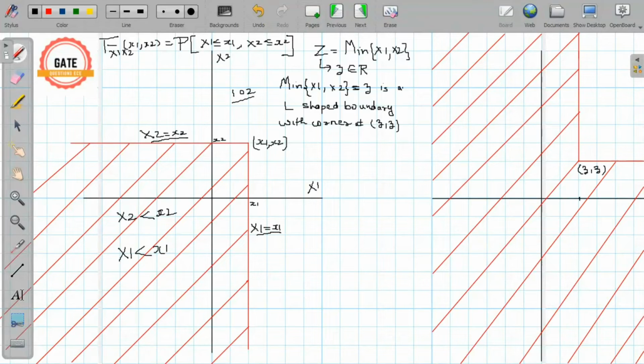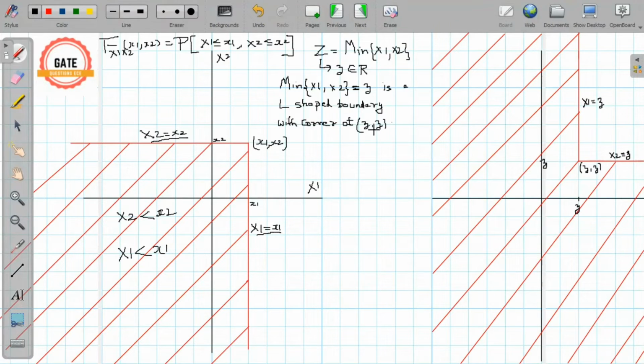So this point on the x1 axis is z and this point on the x2 axis is also small z, and this corner is z comma z. So this line is a section of the line x1 is equal to small z, and this line is a section of the line x2 is equal to small z.